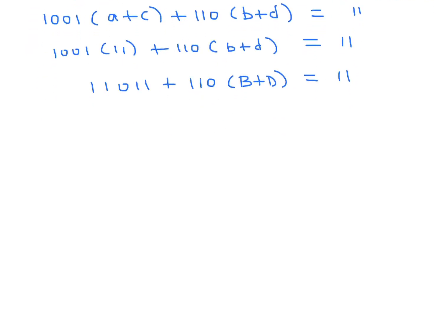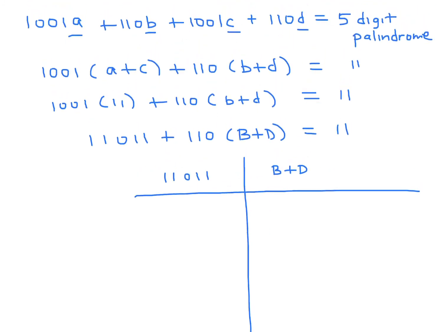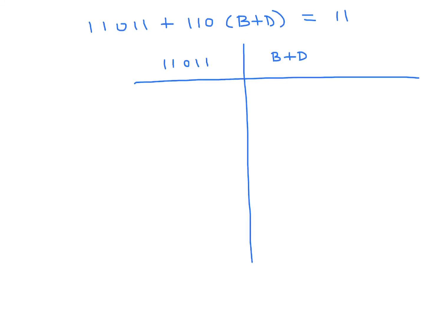So now at this point, we've got to figure out a table here. We've got 11011 and we have B plus D. If we choose different values, what will be the result? The result has to be a 5-digit palindrome. Okay? So let's see what we get. First of all, B and D are digits, right? So the lowest possible sum is 0 and 0, so that's 0 plus 0, which would be 0.